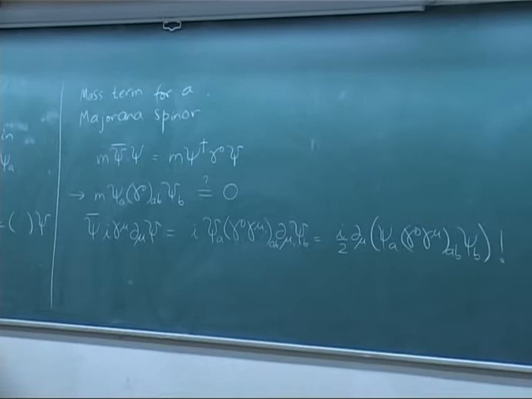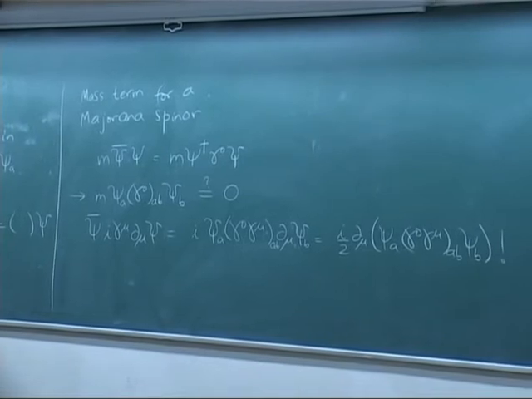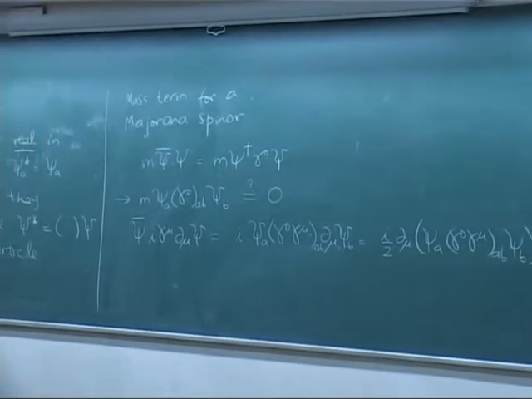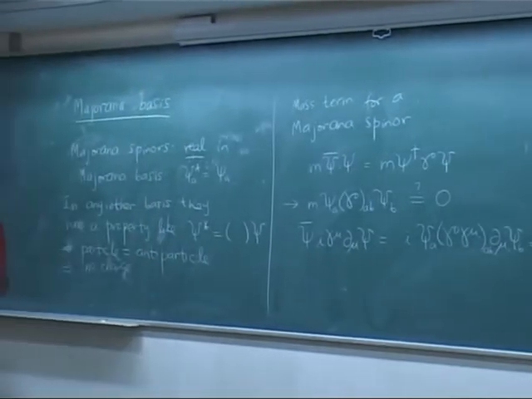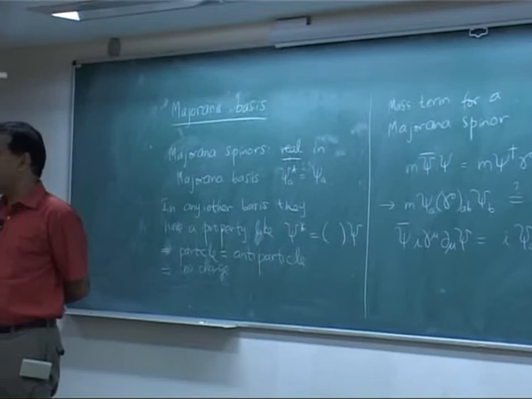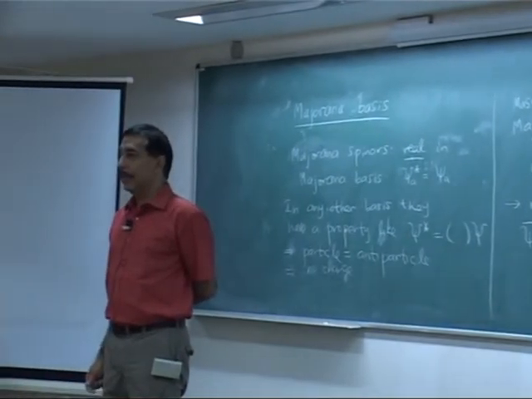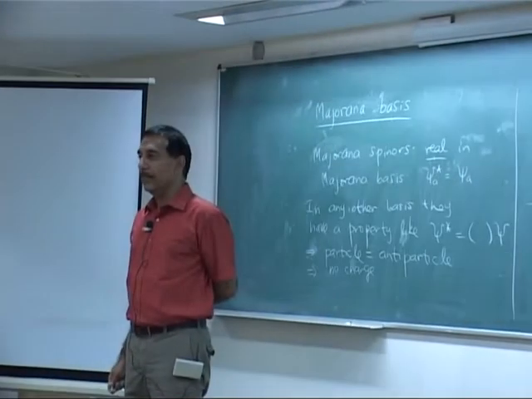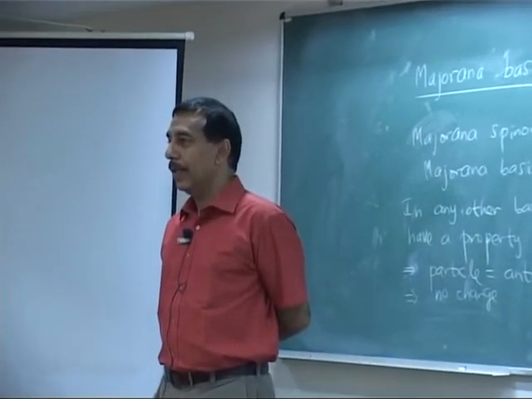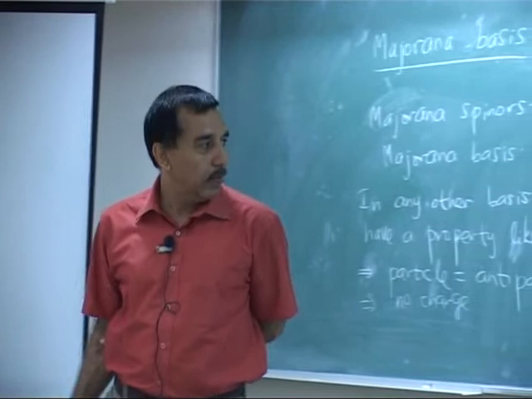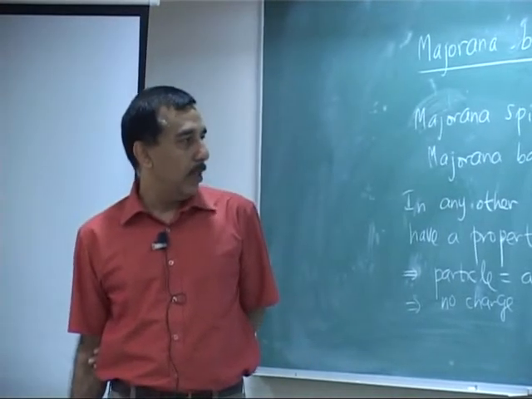So we seem to find that for Majorana spinors, in the Majorana basis, the mass term is 0 and the kinetic term is a total derivative. So that's pretty much the end of it, right? No Lagrangian at all. So this is worrying. Okay, I find it very worrying.